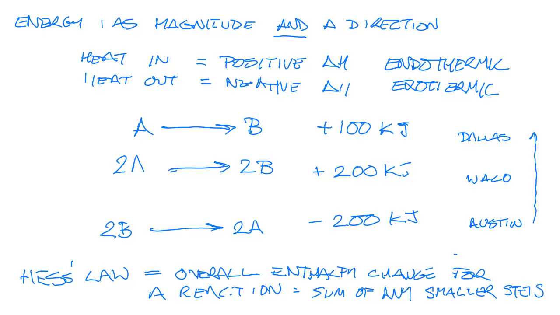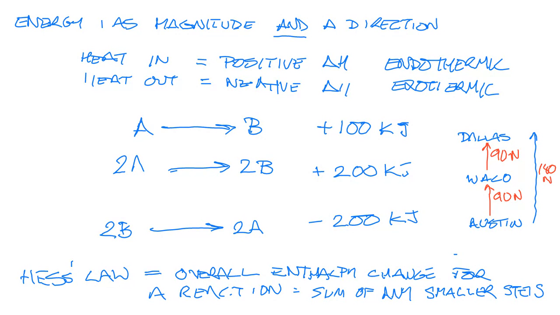If we know that that is 90 miles north and that is 90 miles north, then Hess's law says the overall enthalpy change for this reaction is the sum of all the smaller steps, which means it's 180 miles north. You just add the steps together. Okay?